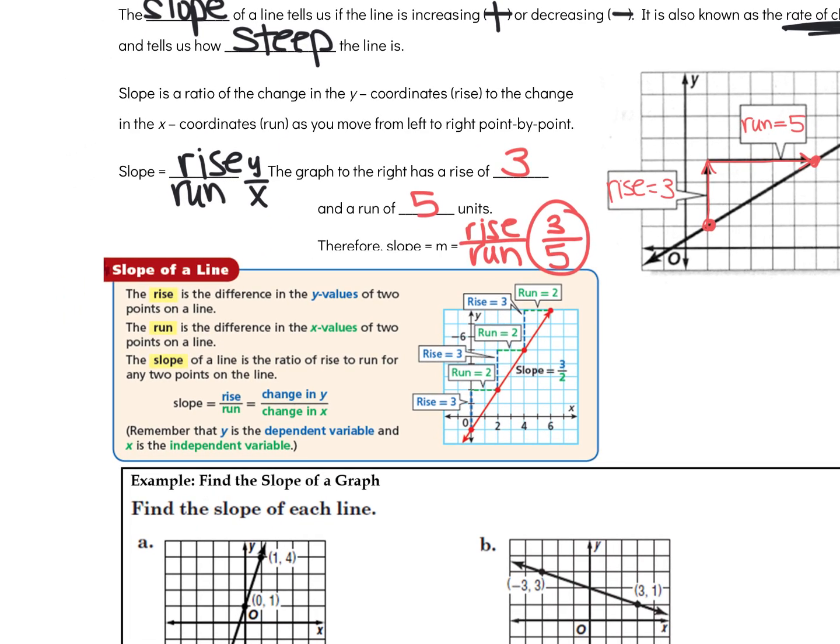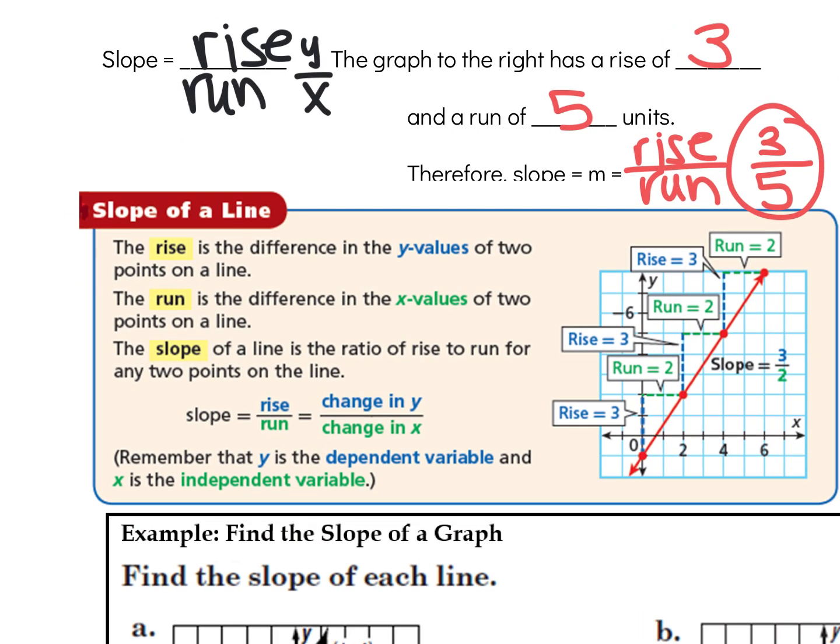So here's another example. The rise is the difference in y values of the 2 points on the line. The run is the difference in our x values. Slope is that ratio of rise to run. So you can think of it as rise over run. You can also think of it as how your y values are changing and how your x values are changing.